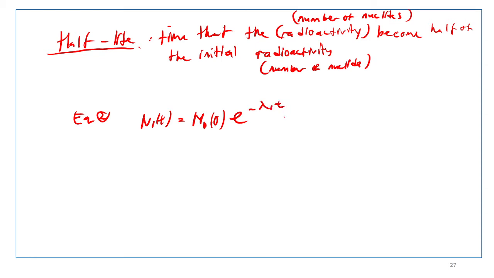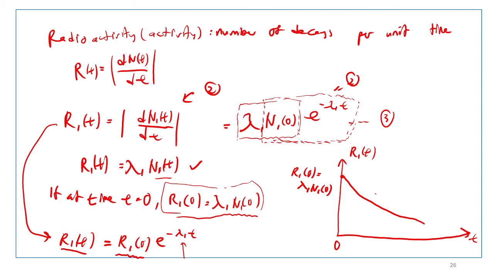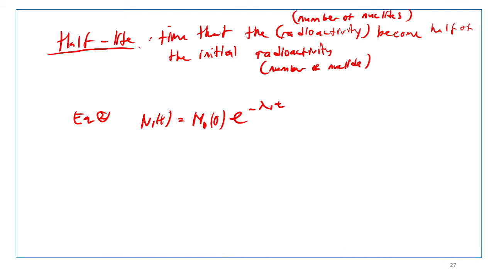If I choose this, you can also work with equation, let's say this is equation number 4. You can also work with equation 4 as well. So if you choose to consider the number of nuclides, then use equation number 2.